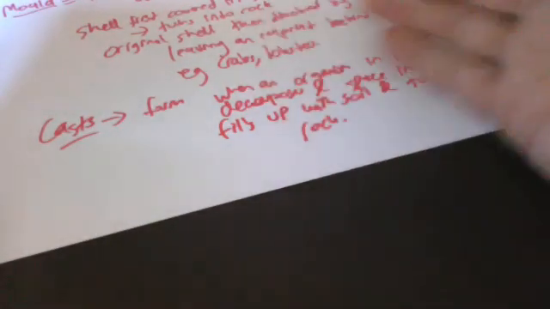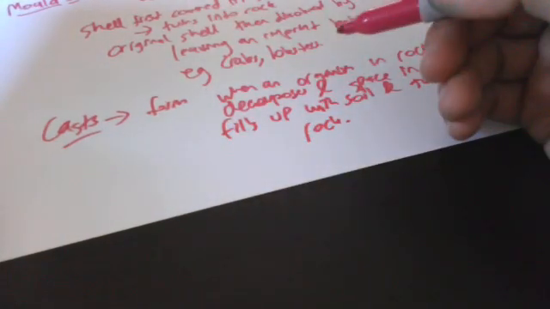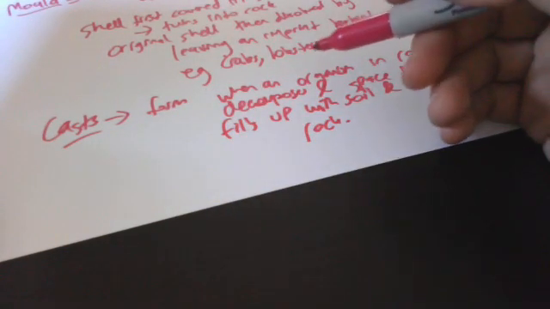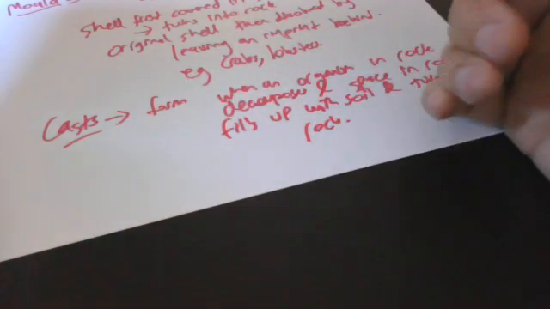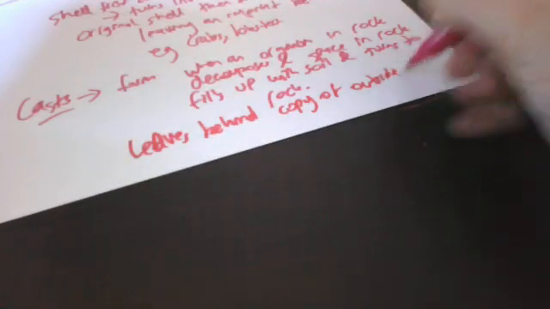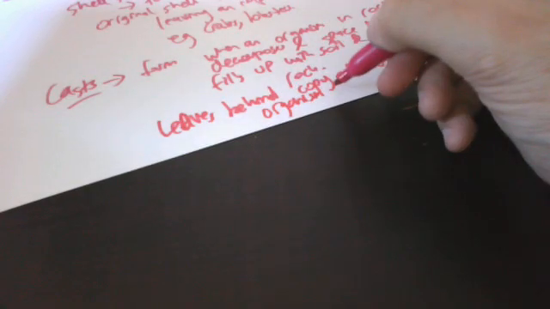As the organism decomposes, it basically tears apart, and then the space in the rock fills up with soil, and eventually you get a rock. And so it leaves behind a copy of the outside of the organism in a solid piece of rock.